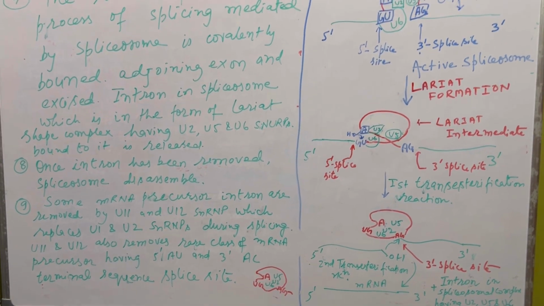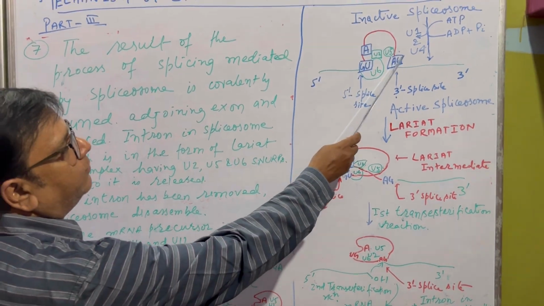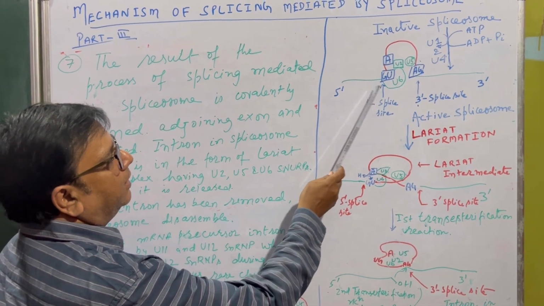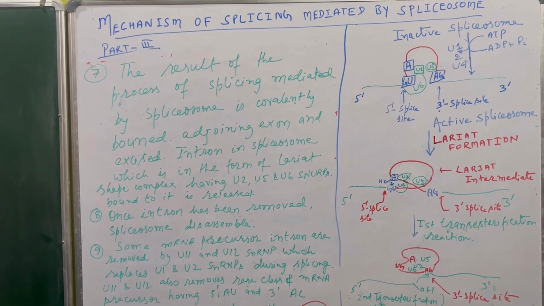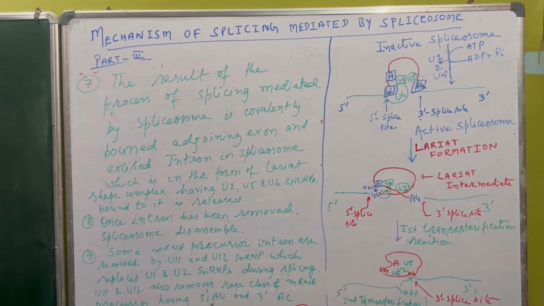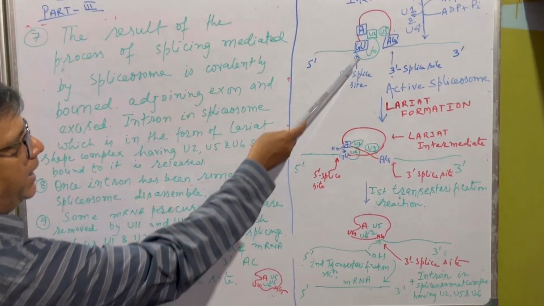that you don't have GU, you don't have AG at the terminal. You can see the 5' site and 3'. So what is there? It is 5' AU. Here you will have AU.